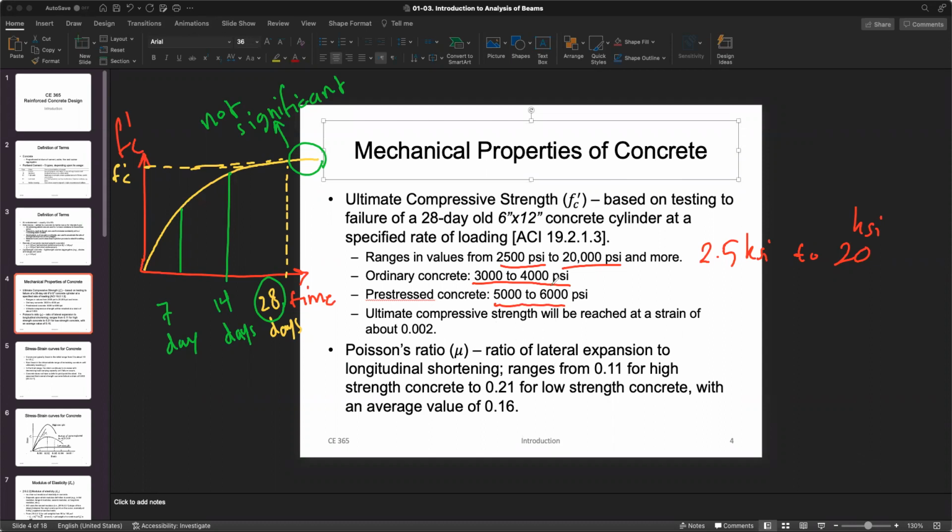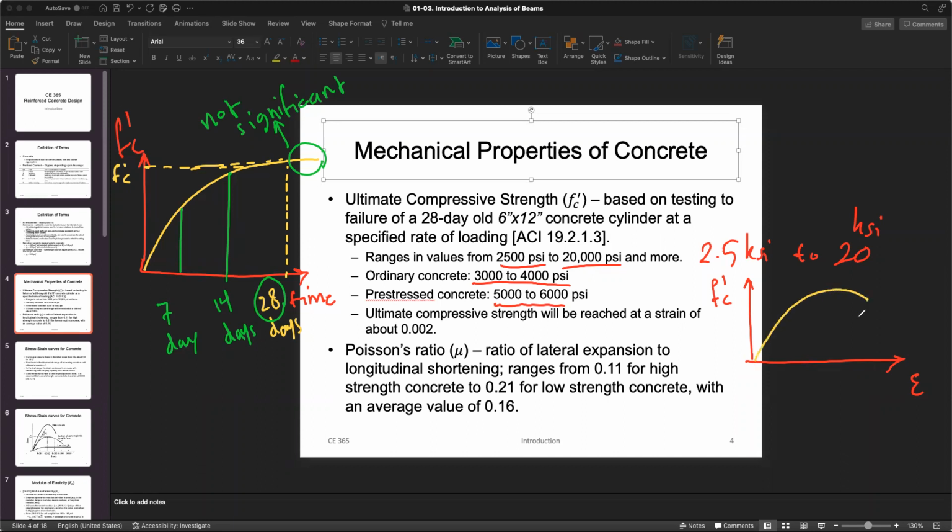So now that we understand the range of concrete strength and how different it can be, let's talk about the stress strain curve of concrete as well. If I look at the stress, F prime C, versus strain, concrete is a brittle material.